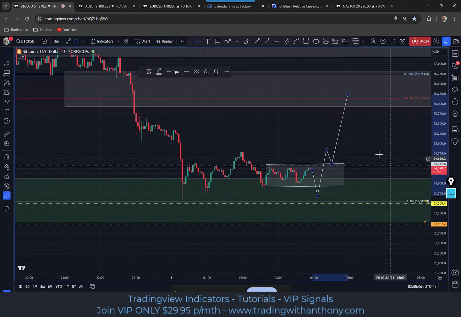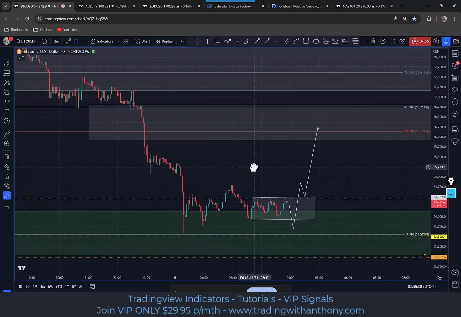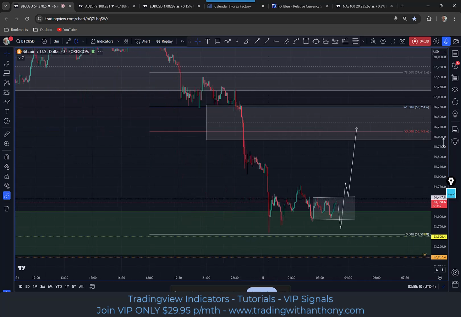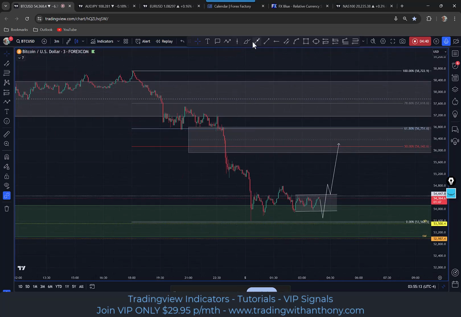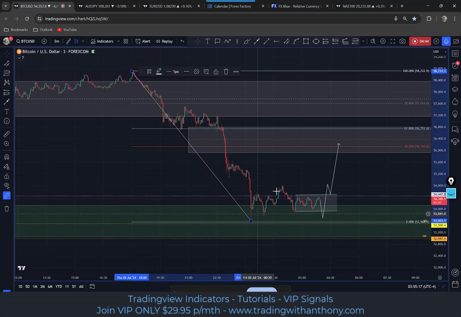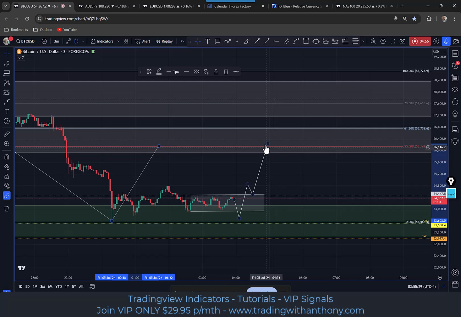The 50% is the price swing from this high down to the low, the 50% equilibrium, halfway the distance of this price swing. So I'm looking for the pullback up into this imbalance.